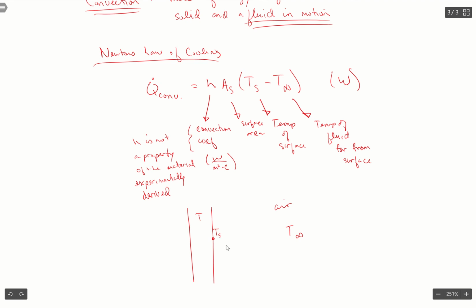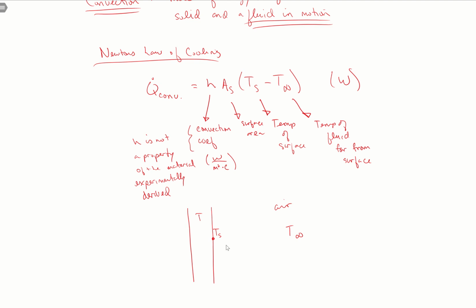And remember, the important component of convection is that the fluid or the air should be moving, or flowing, and that's helping take the heat away from the hot surface of the wall.